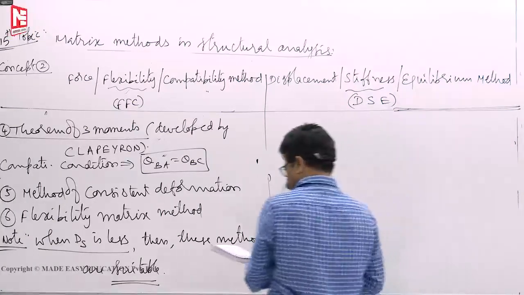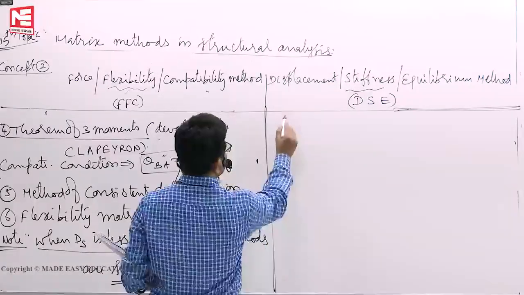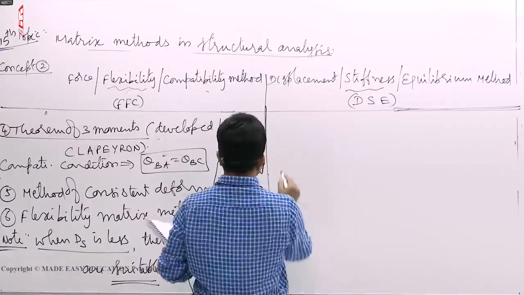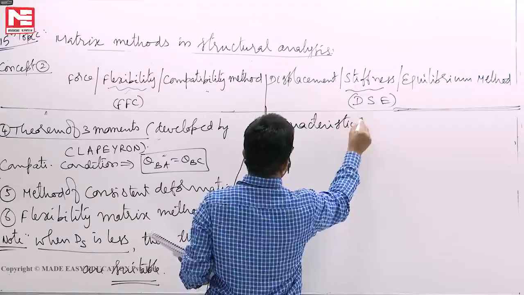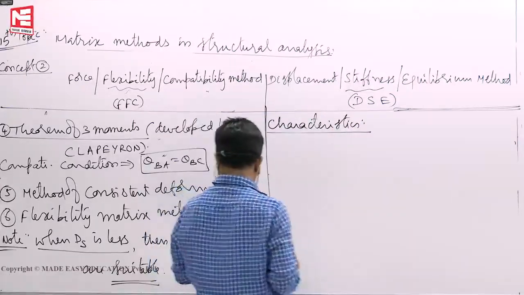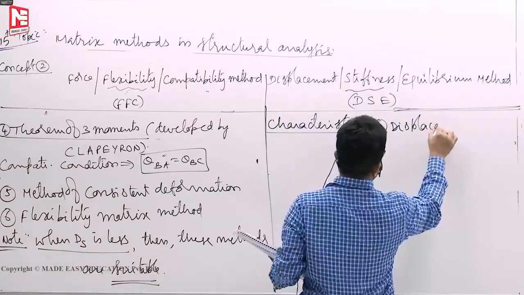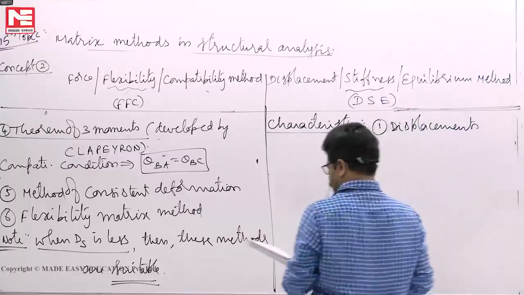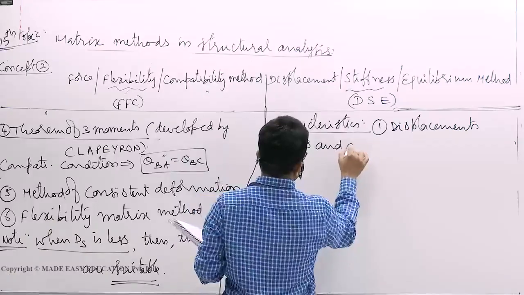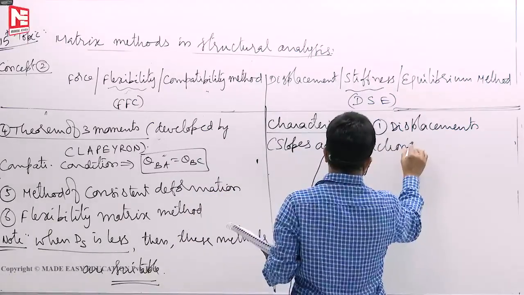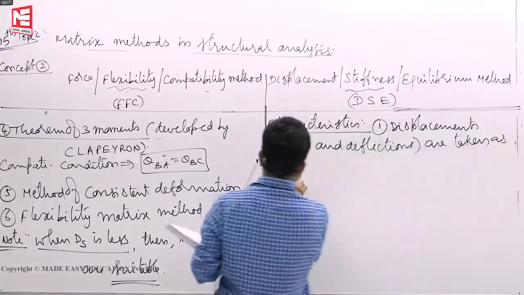Okay. Now we'll see the characteristics of the displacement method. In this case, we take displacements. Displacements, as a general term, means slopes and deflections, which are taken as unknowns.